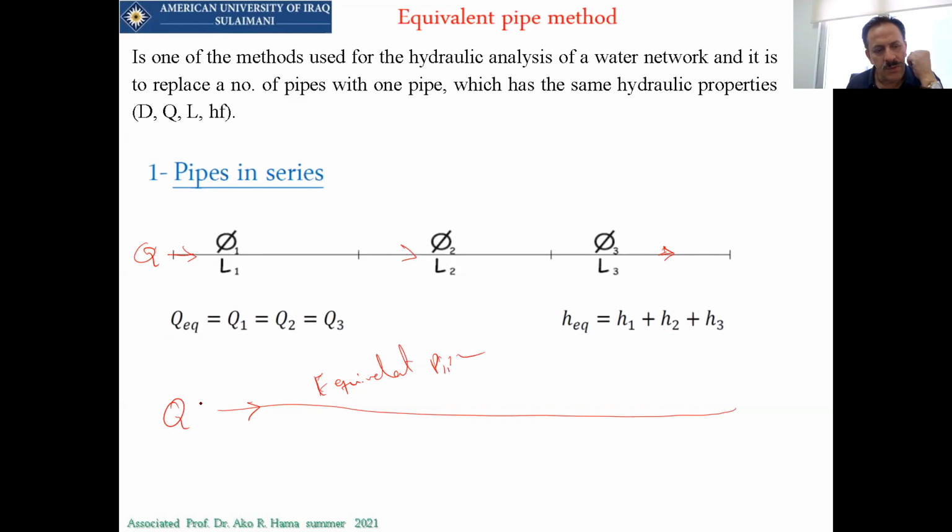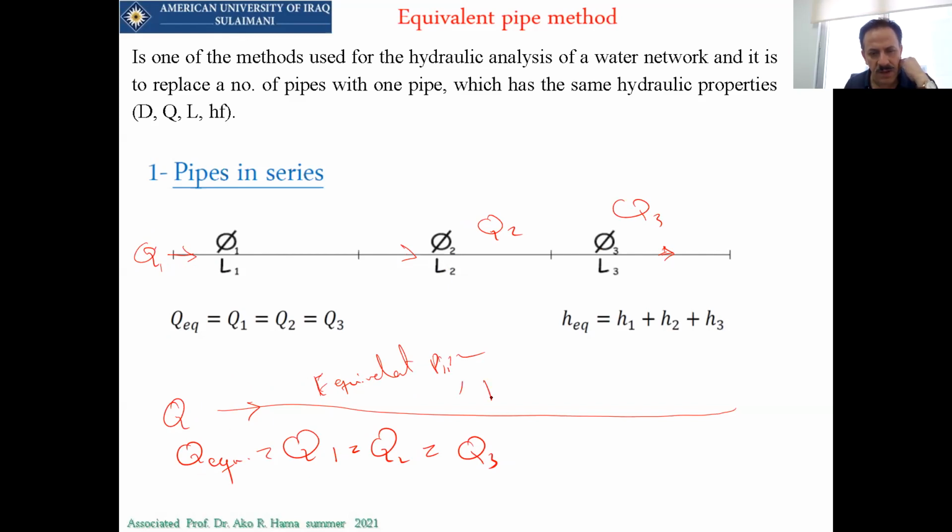So the Q in the equivalent pipe, called Q equivalent, will be equal to the Q of Q1 and Q2, Q3. So it will be equal to the same Q as Q1, which is equal to the same Q as Q2, and equal to the same Q as Q3.